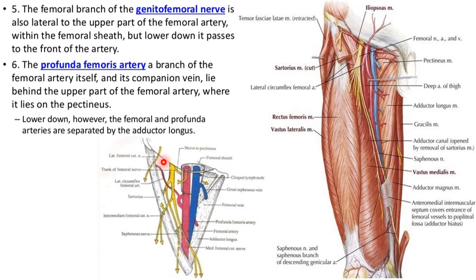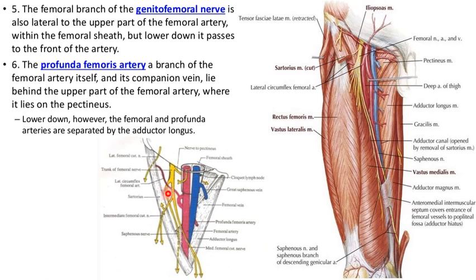Now coming to the profunda femoris artery, which is one of the largest branches of the femoral artery, it is posterior to the femoral artery. As you come down towards the apex of the femoral triangle, the profunda femoris artery is separated from the femoral artery and the adductor longus.